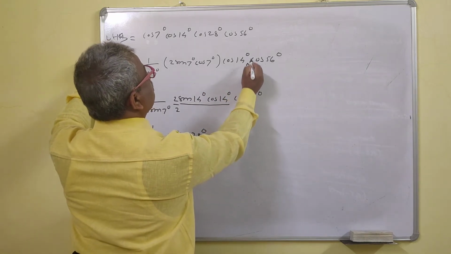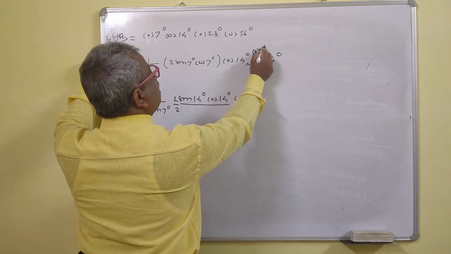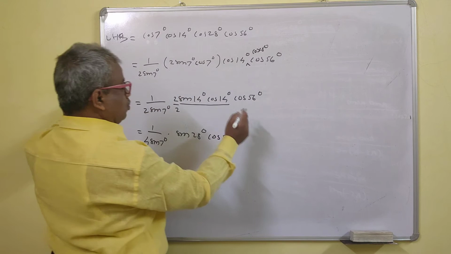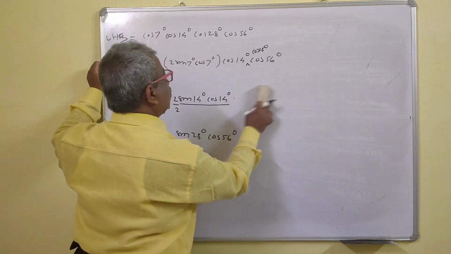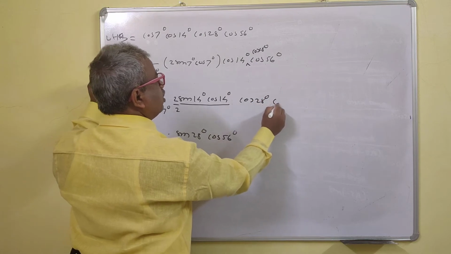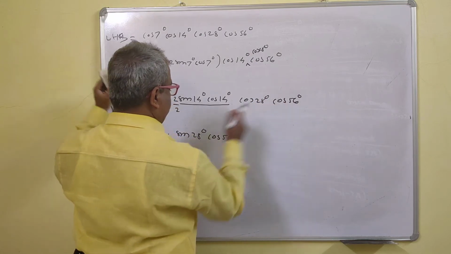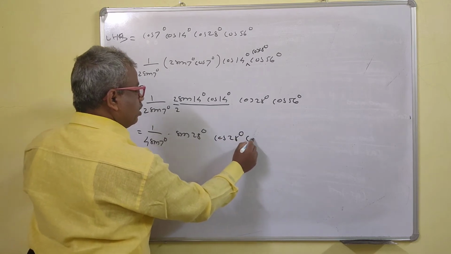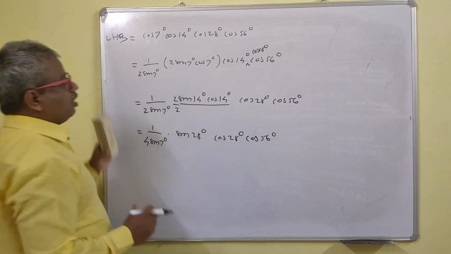Here what have we missed? We have missed cos of 28 degree here. So this is cos of 28 degree, cos of 56 degree. Okay, we have missed it here.